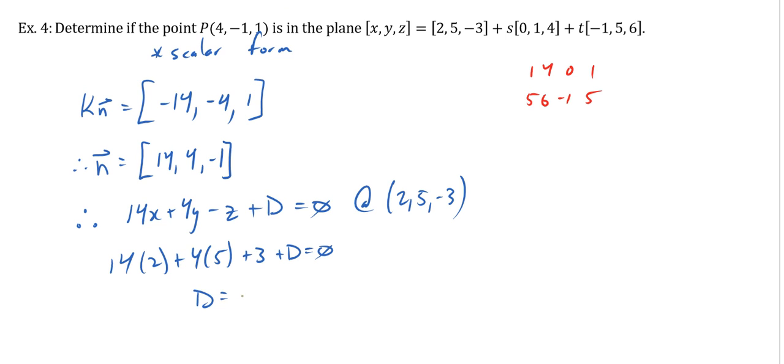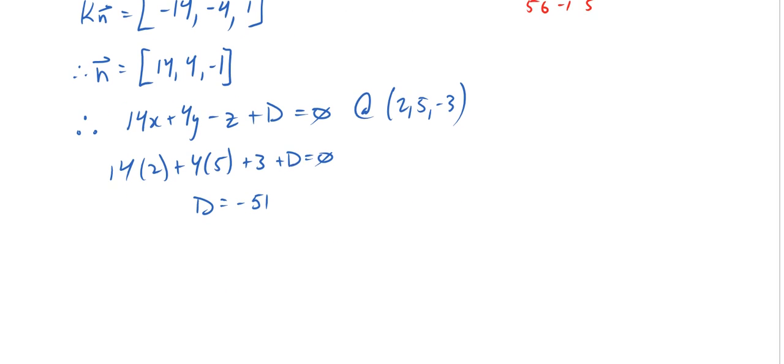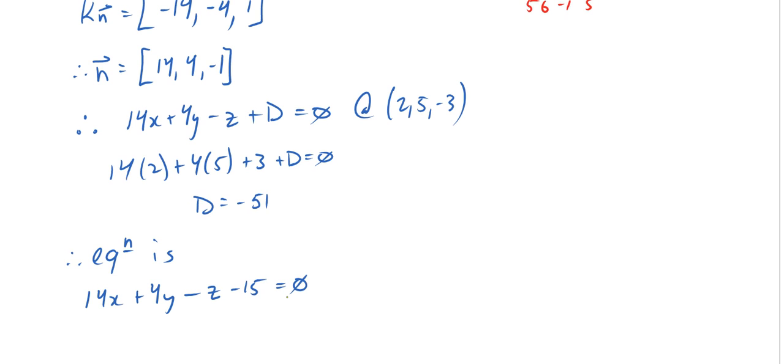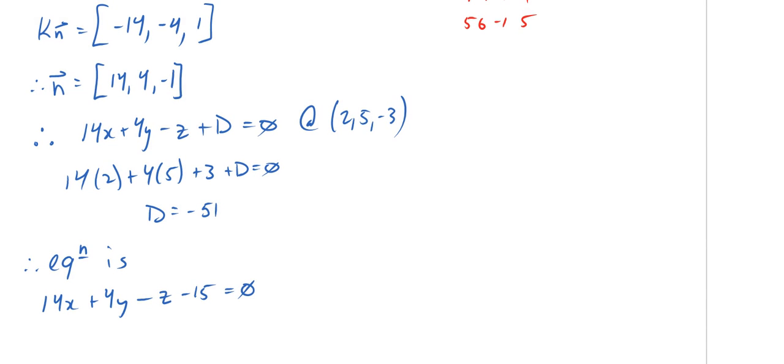And I believe this works out to D equals negative 51. And all of this was just to check if a silly little point is on the line, or in the plane, sorry.